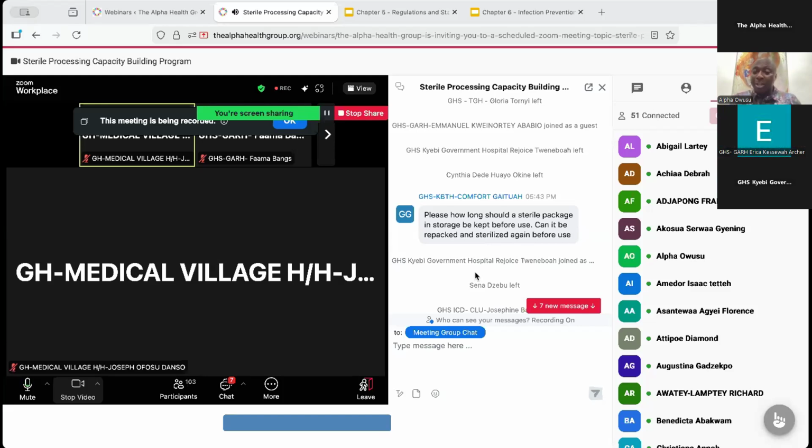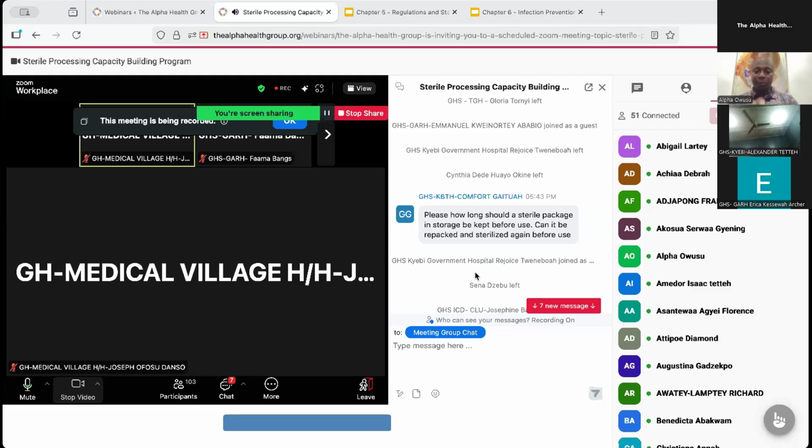We call it point of use cleaning. From there, you take the instrument, cover it in a rigid container, and then transport it from that place to the decontamination area.